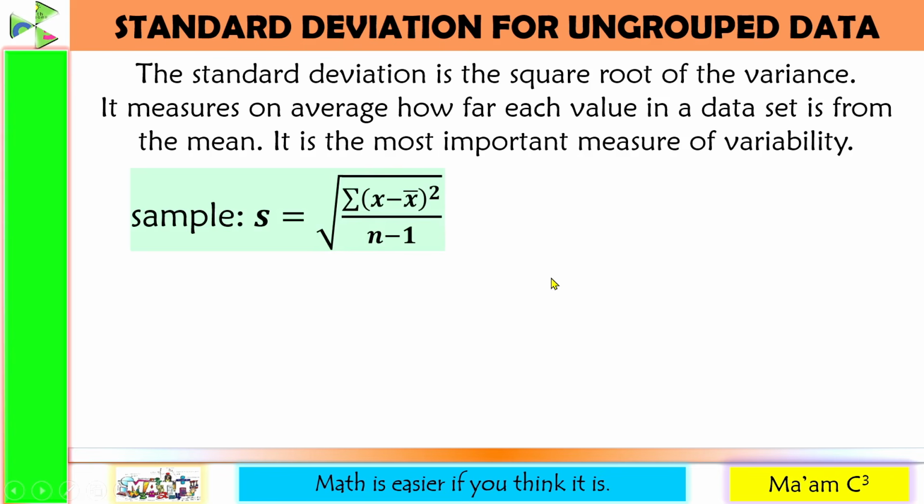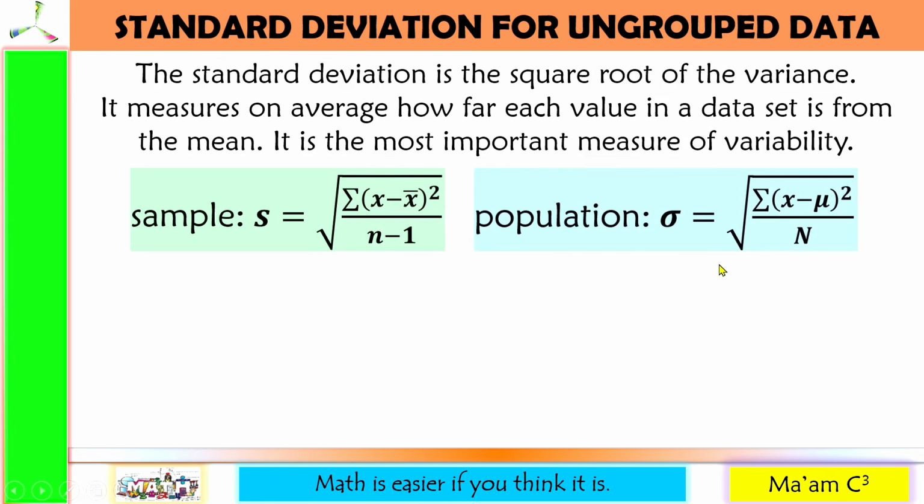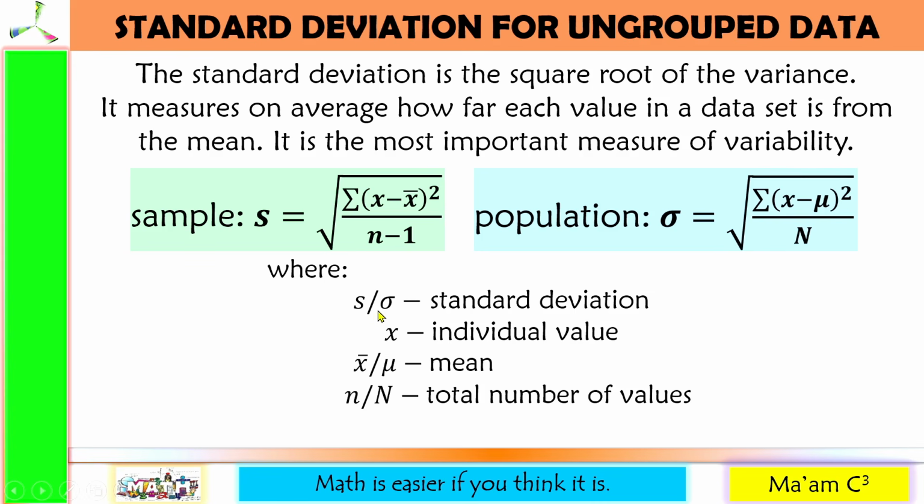And for the population, the standard deviation is the square root of the population variance, where s and sigma are the standard deviation, x is the individual value, x bar and mu are the mean of the sample and population respectively, and the small letter n and capital N are the total number of values for the sample and the population respectively.